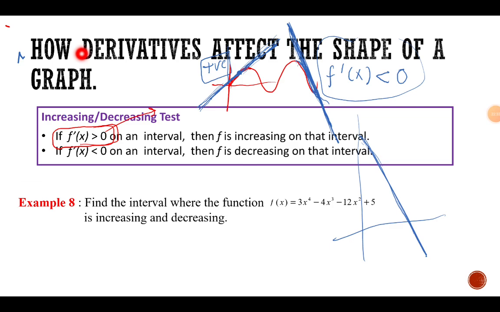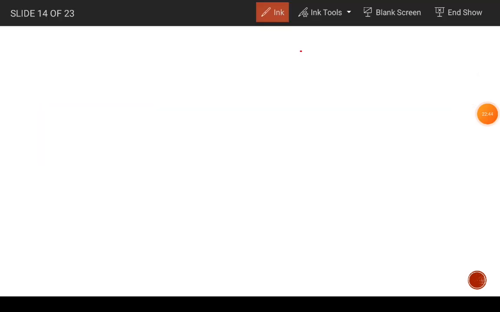Okay, now let's try to find the interval where the function is increasing or decreasing. Okay, so example 8 here. Kita punya function kita adalah 3x to the power of 4 minus 4x cubed minus 12x squared plus 5.